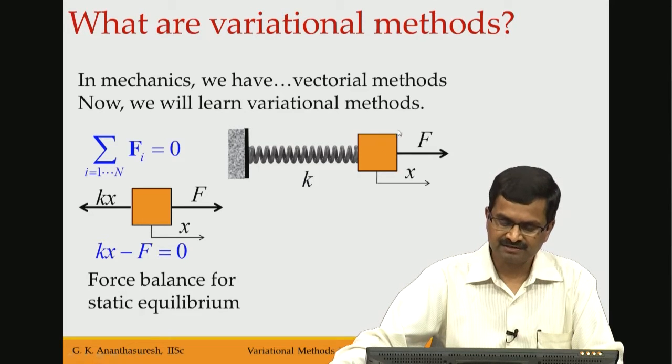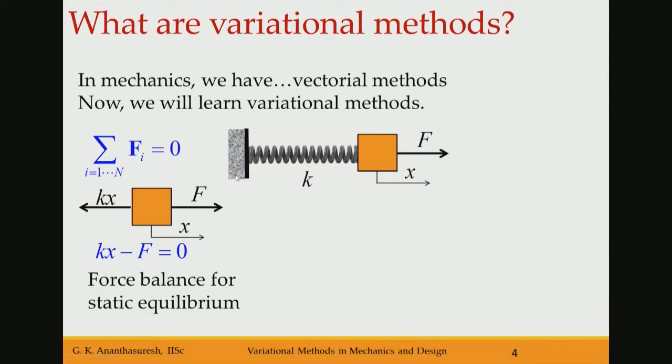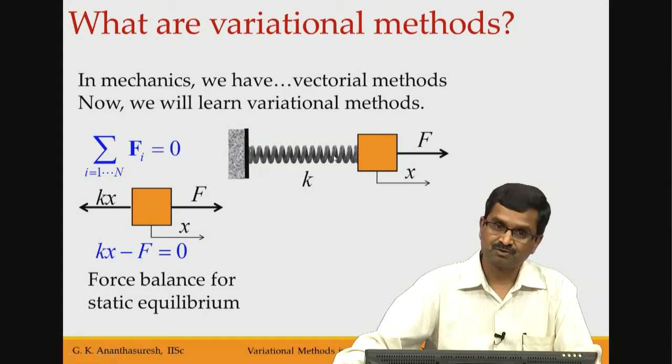In this particular case, if I draw the free body diagram of this mass, the force which is applied, and k times x, if we assume that this spring is linear, meaning the force exerted by it is proportional to the displacement x, that is k times x is the force that acts this way, because if you try to move the mass to the right, then the spring will be extended and it wants to go back. So, that is the spring force kx, and this force is F.